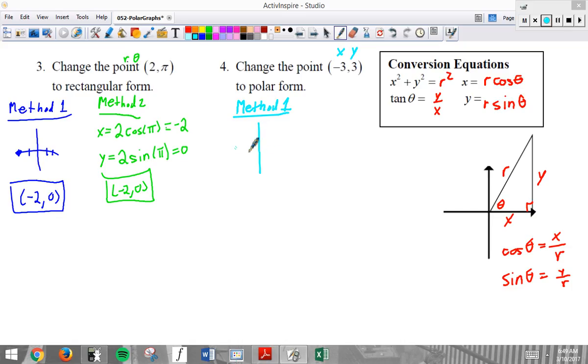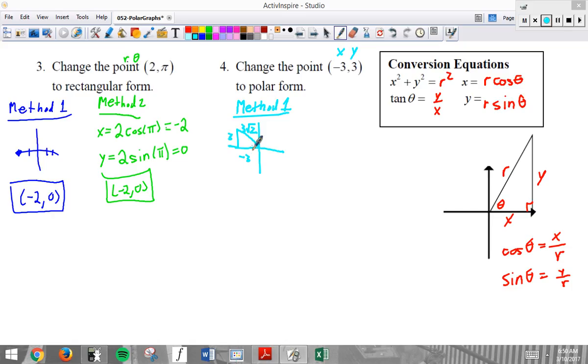So method 1, you draw the triangle. Because it was rectangular coordinates, you know that's 3, -3, that's +3. So my radius is what? Some of you might recognize that this is an isosceles right triangle, that this is 3√2. Again, you could use Pythagorean theorem. Method 1 is not for people who don't know their trig. Not for people who don't know their special right triangles.